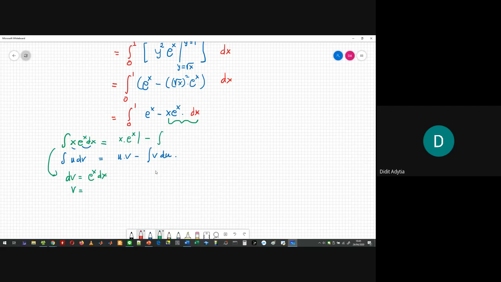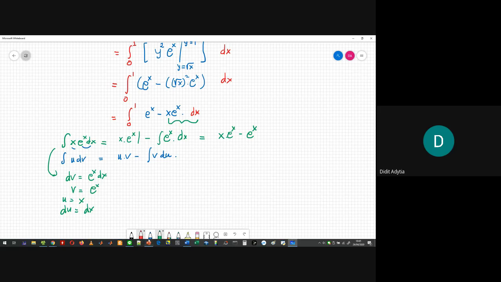Okay, and then v is e^x. So this one is e^x times du. u-nya adalah x, du is dx. So that with this one we have dx. Okay. So now we have x times e^x minus e^x.